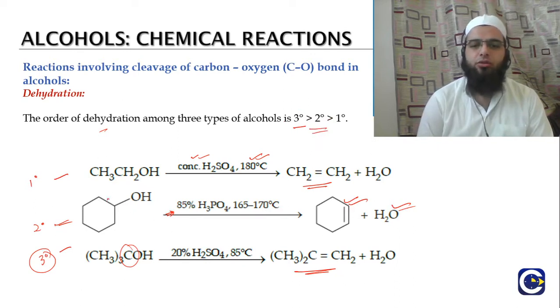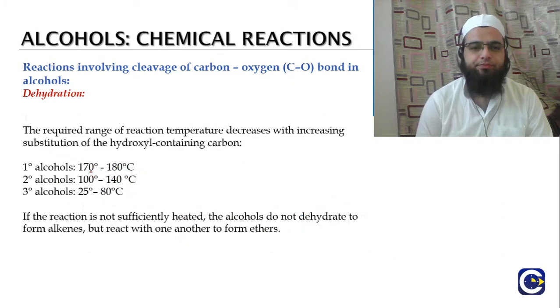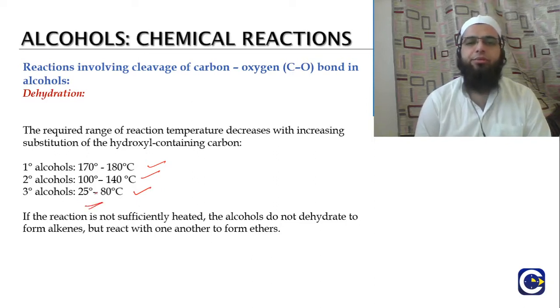Without giving the temperature, there will be no dehydration. For primary alcohols, we have this temperature range of 170 to 180 degrees, and for the 2-degree alcohol, this is the range, and for the 3-degree alcohols, we are using a very low temperature for the dehydration.